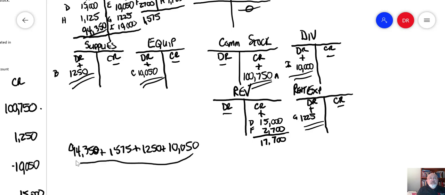Altogether, this will equal 107,225. Go to the other side, we'll add liabilities, which are 0, with common stock, which is 100,750.